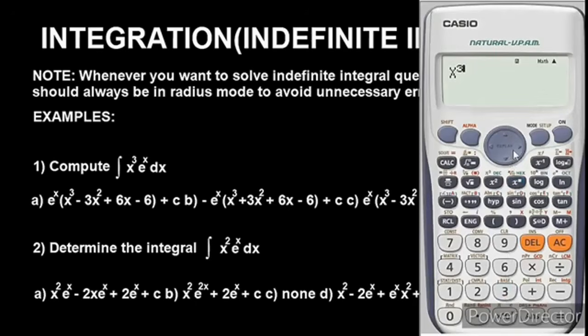You come down, exponential raised to the power x. So you press shift, exponential is here, raised to the power x, alpha x. Press equal to, 59.11.